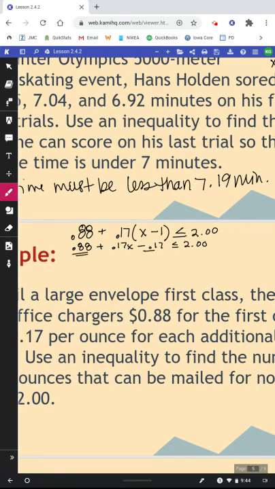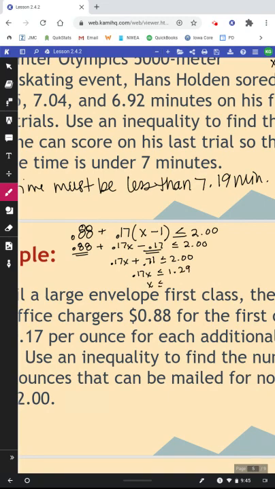Combine my like terms here. So I'm going to have 0.17x plus 0.88 minus 0.17 is 0.71 less than or equal to $2. Subtract the 71 cents. So that's less than or equal to $1.29.